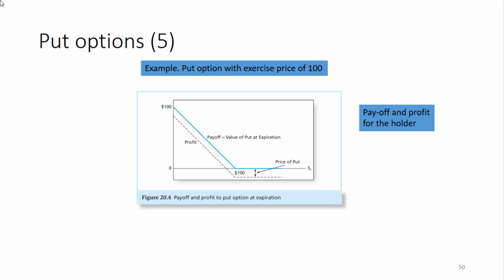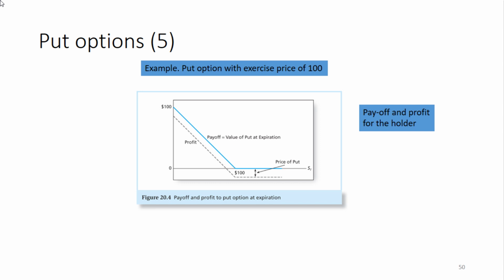Let's look at the following diagram. In this diagram, there is both a payoff and a profit line for the holder of the put option. On the x-axis, you see the value of the underlying asset at maturity, and on the y-axis is the value of the put option at maturity.